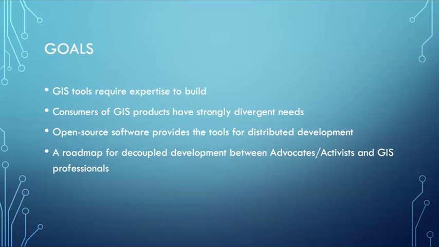And so my project was to create a roadmap for taking this decoupled development idea of open source software and using it to link the advocate and activist space and the GIS professional space, so that you could bridge those two in a way that is organic, that doesn't require some sort of hierarchical system to come in and connect a GIS professional and give them a job to do this work for these advocates, these activists who probably don't have the organization and money to make such a thing happen.